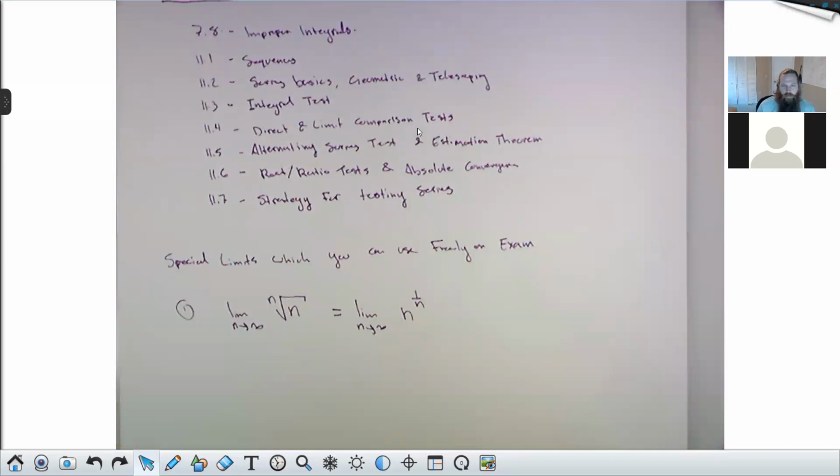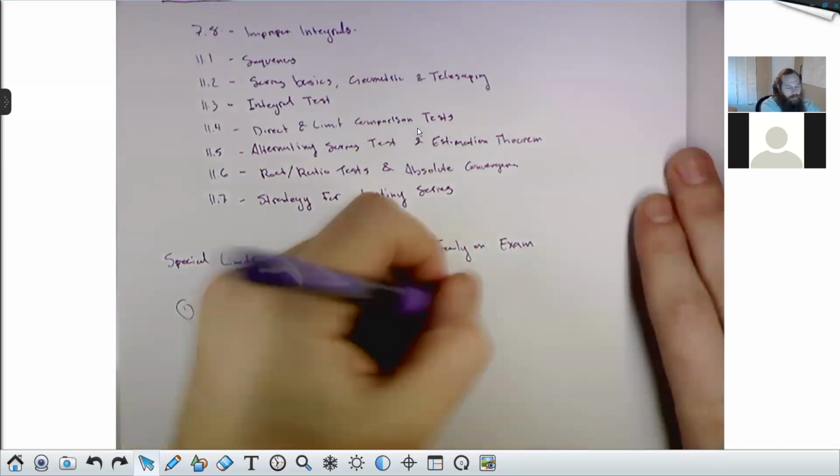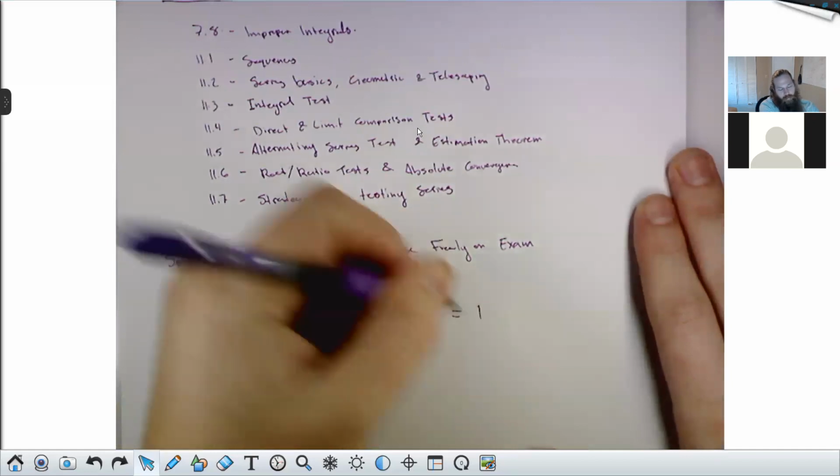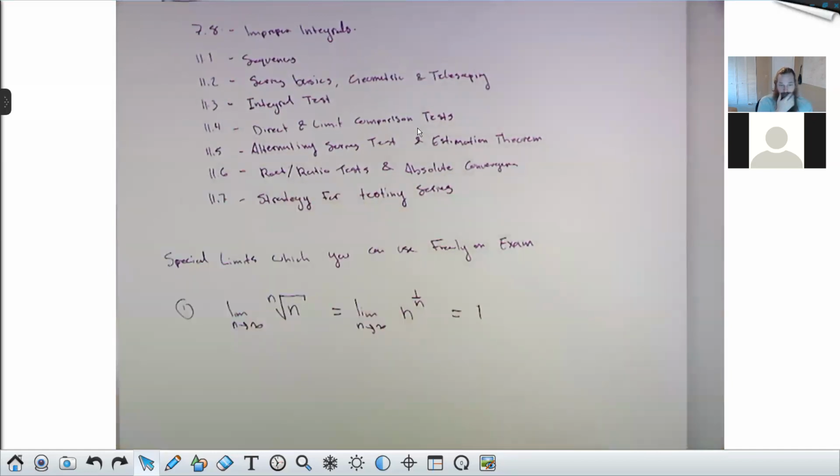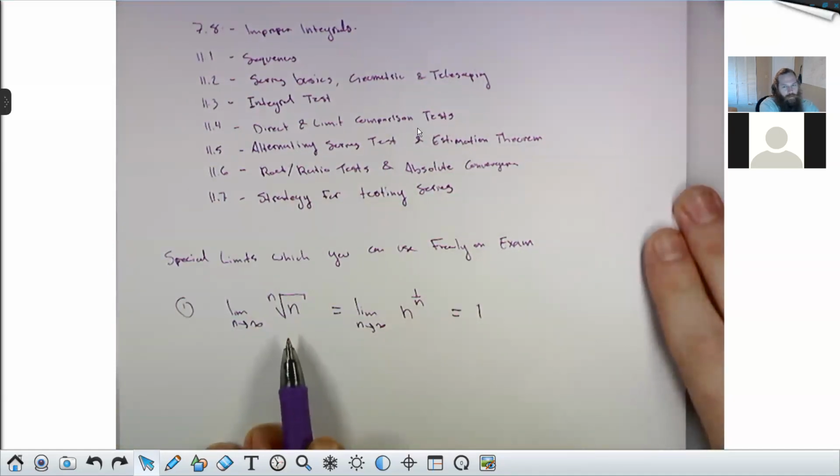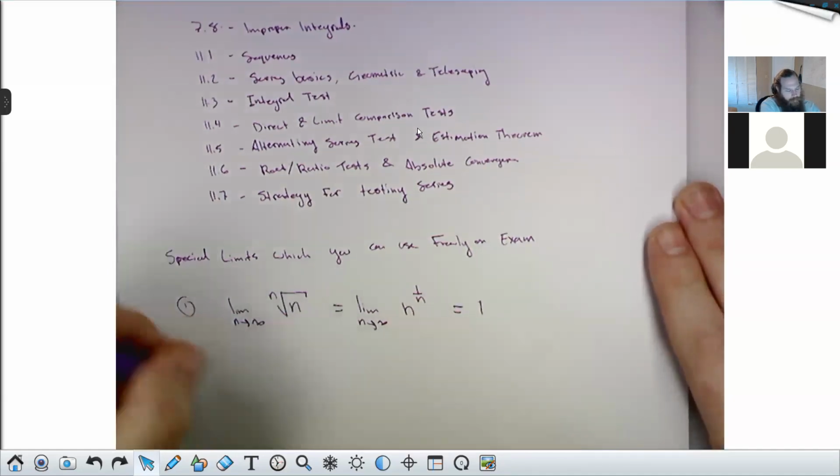Strictly speaking, this is an indeterminate form, infinity to the 0. This guy is 1. And the calculation of this limit requires using L'Hopital's rule. You would take natural logs, and then bring the power down, and then use L'Hopital's rule. But you're allowed to just tell me that the nth root of n goes to 1.